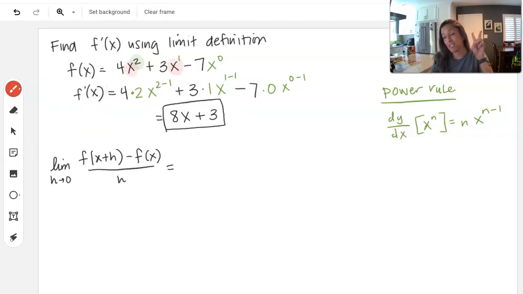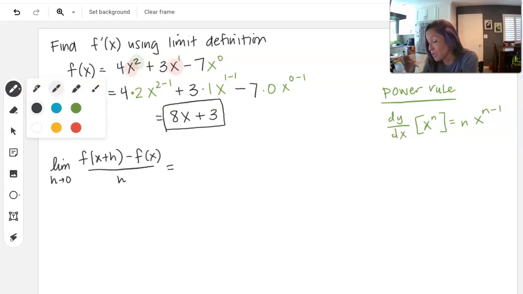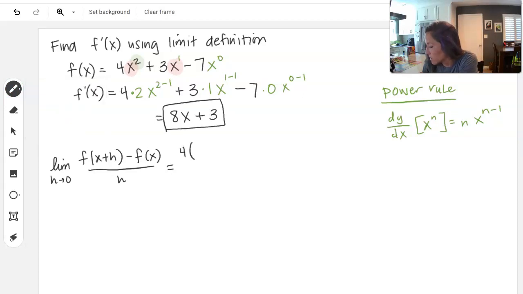Our original function had 2 x's, ignoring that x to the 0. And so we're going to plug in x plus h for both of those using some parentheses and making sure we aren't screwing anything up here. So we have 4 times (x plus h) squared plus 3 times (x plus h), still in some parentheses.